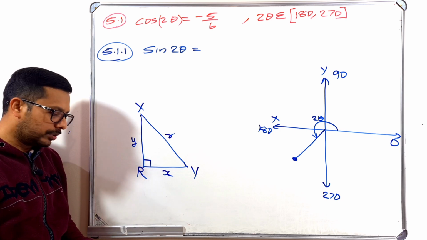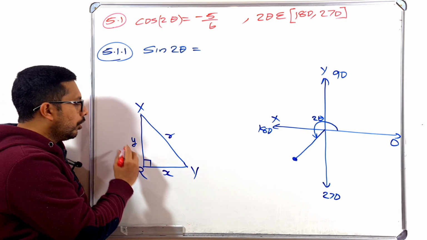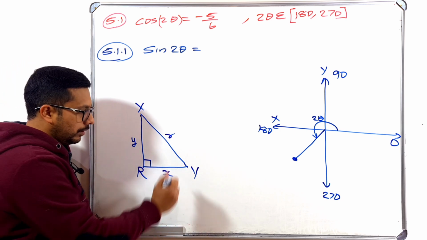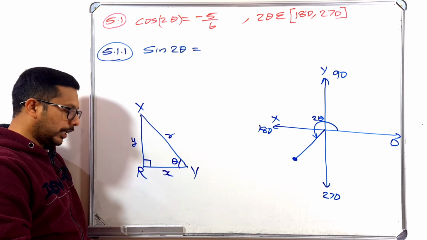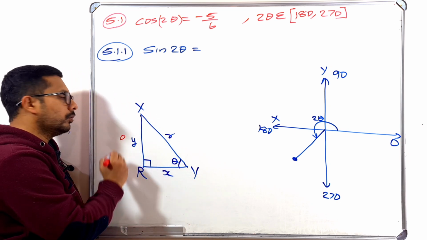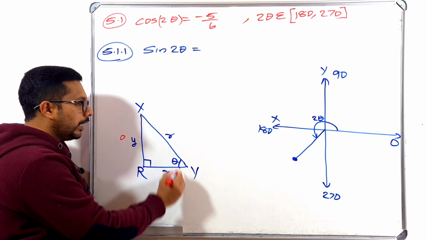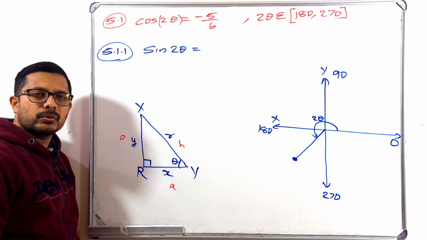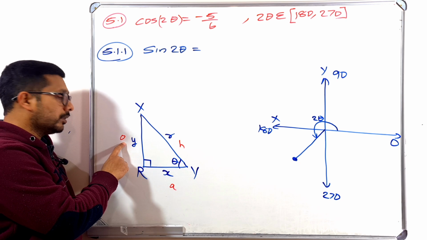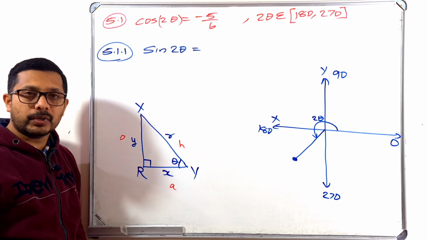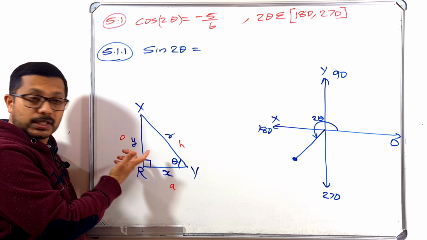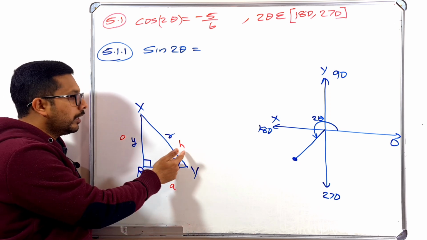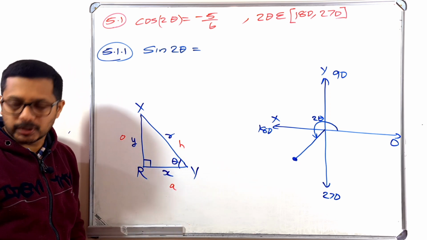Now I know that some of you studied, if this angle is theta, then opposite side O, adjacent side A and hypotenuse H. There is no difference in that, but I don't prefer it.